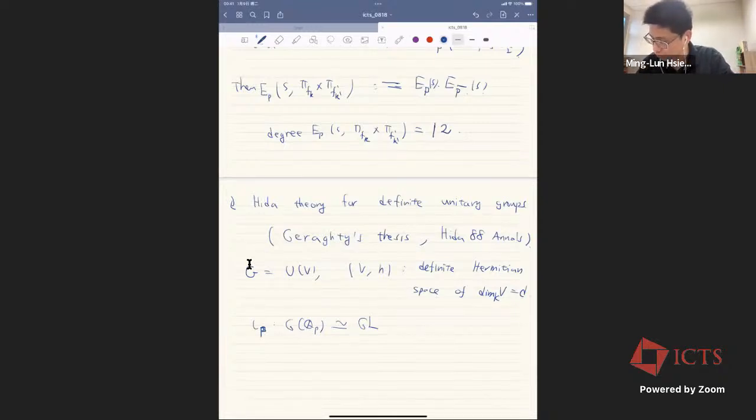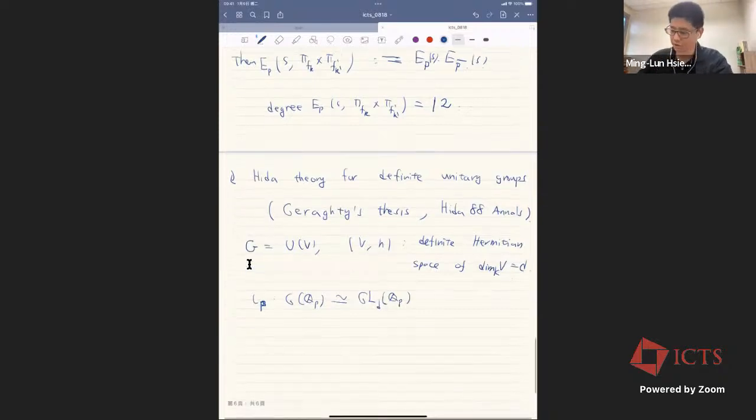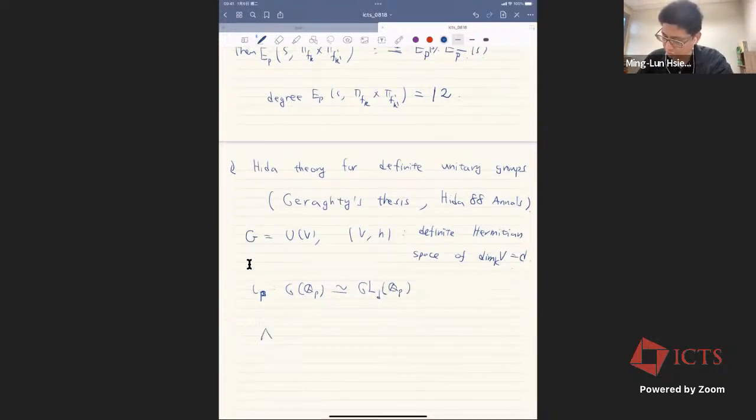So G(Q_p) is isomorphic to GL_D(Q_p). And I consider the Iwasawa algebra Λ_D, the D-variable Iwasawa algebra, and O is some finite flat extension of Z_p.